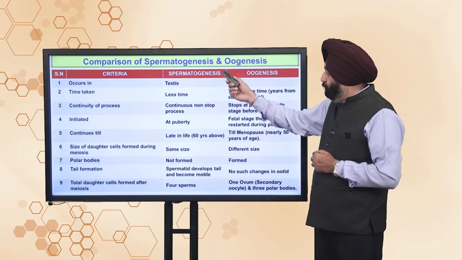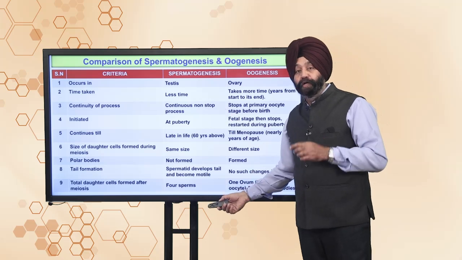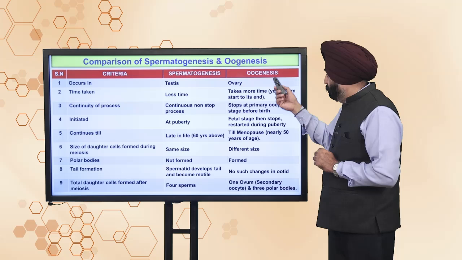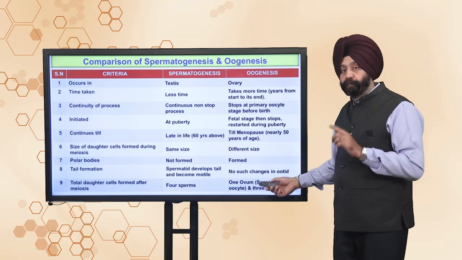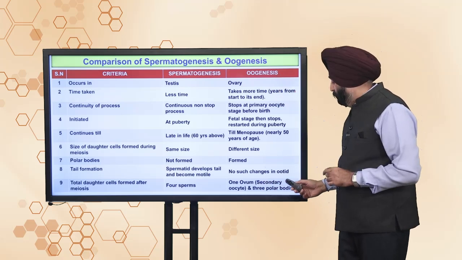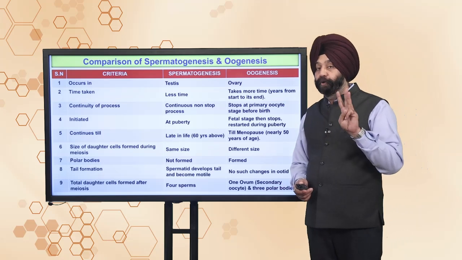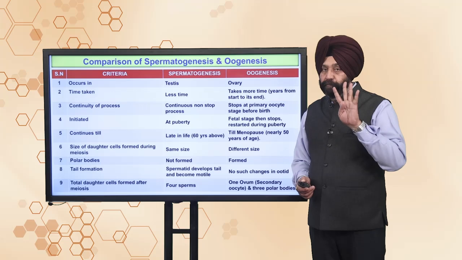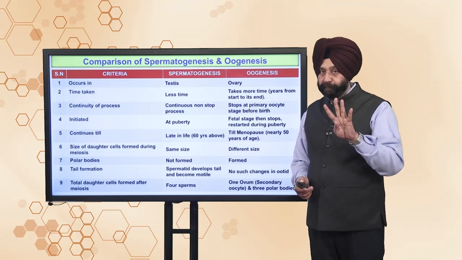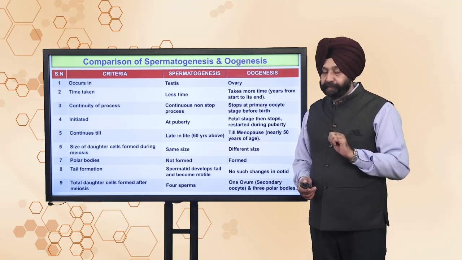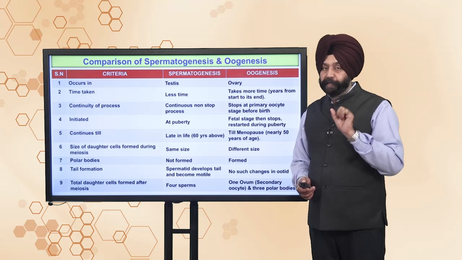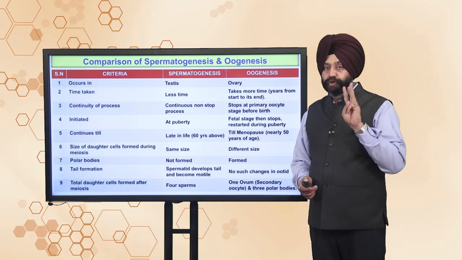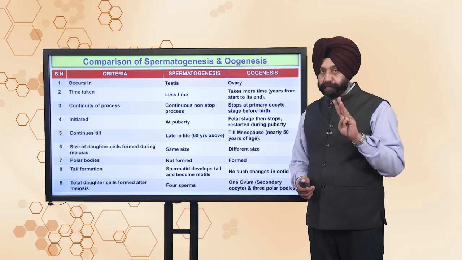And lastly, in spermatogenesis, a total of 4 sperms are formed, whereas in oogenesis, only 1 ovum and 3 polar bodies are formed. Always remember, whenever meiosis occurs, 4 daughter cells should be formed. In spermatogenesis, there remain 4, but in oogenesis, it is only 1 ovum and 3 are polar bodies.